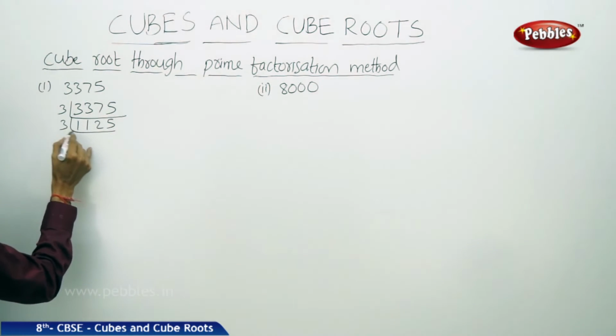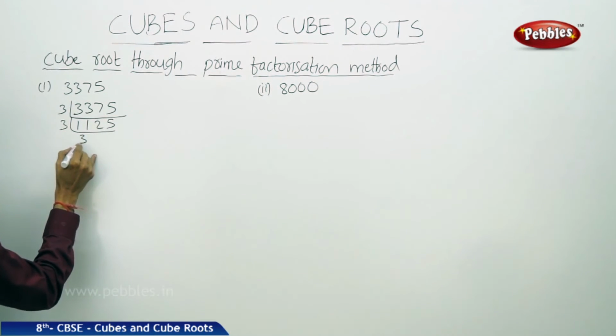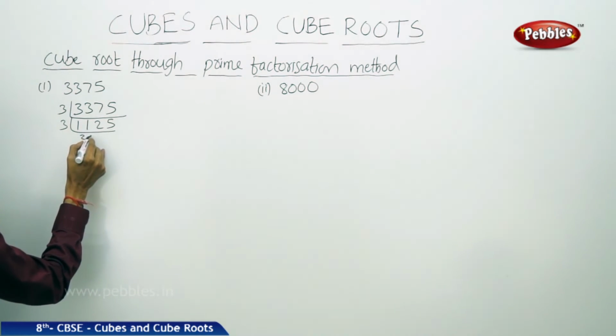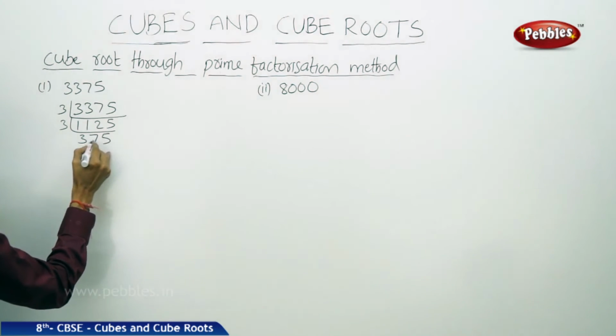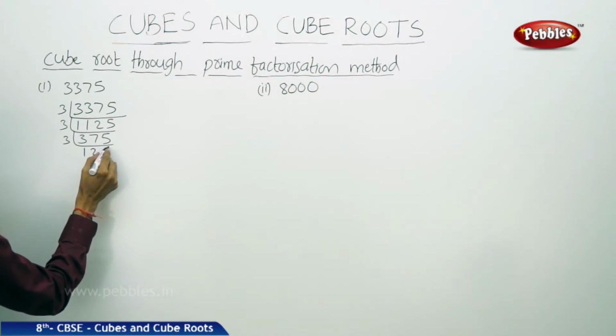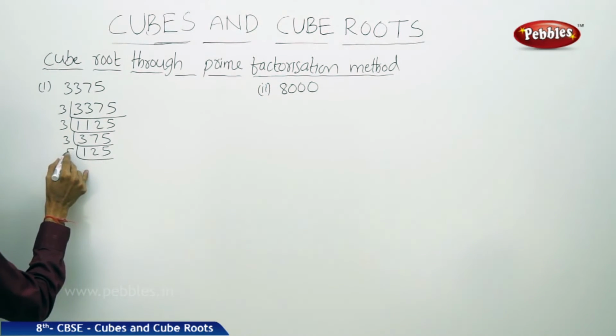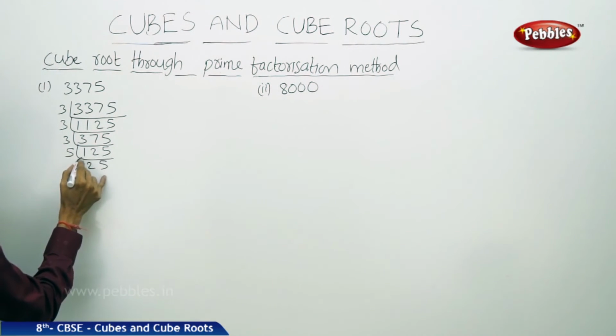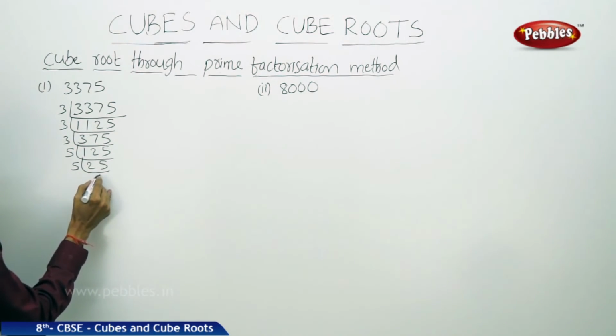Again 3 table. 3 3s are 9, 2 remainder 2, 22, 3 7s are 21, 3 5s are 15. 3 1s are 3, 3 2s are 6, 3 5s are 15. Again 5 table. 5 2s are 10, 5 5s are 25, 5 5s are 25.